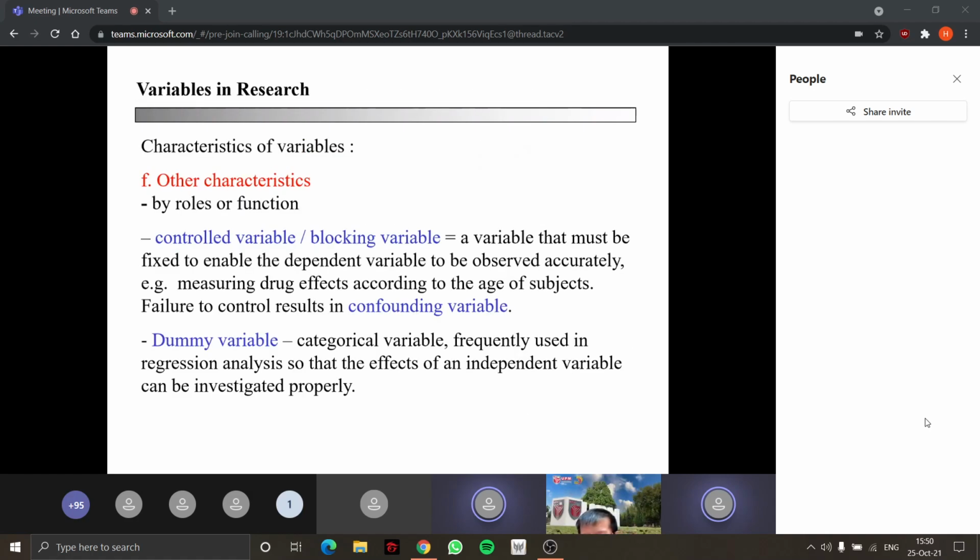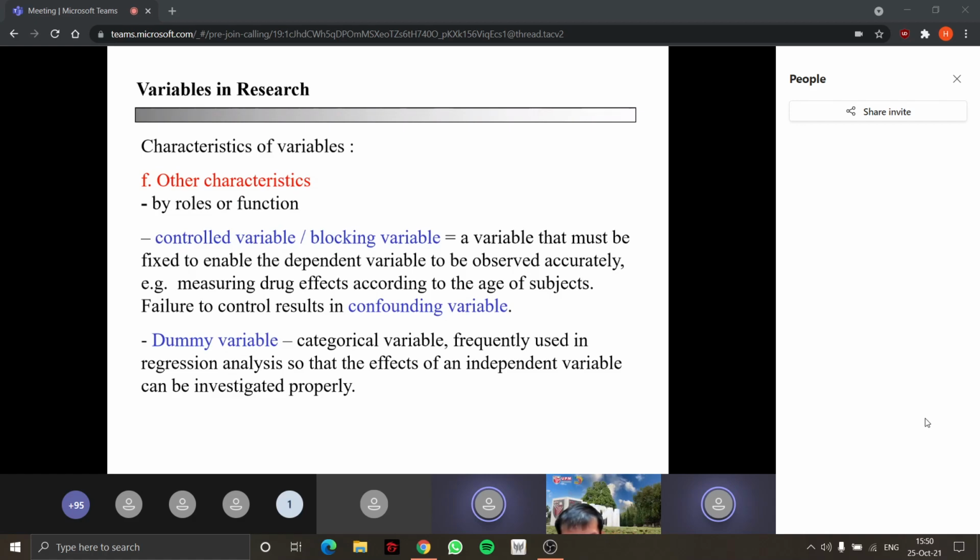Okay, other characteristics. The sixth one will be characteristics that are useful for certain analysis. This one I have to demonstrate to you because just by describing it, I don't think you can appreciate it. I'll just go through quickly. Blocking variable is something like this. You know that drugs have variable effects if you are giving them to older patients versus younger patients.